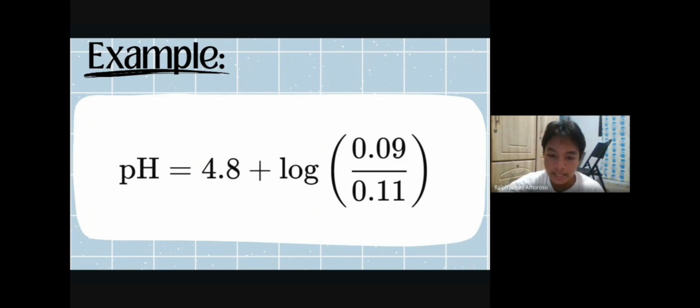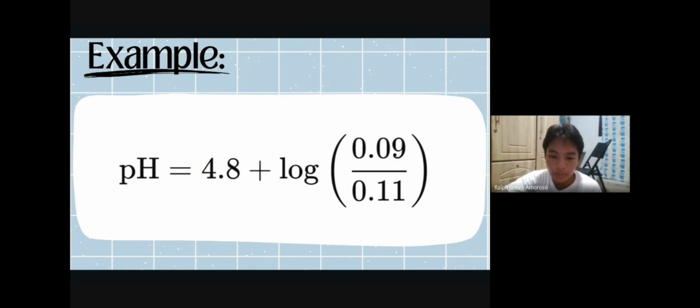So, when we add acid, the acetate ion in the buffer reacts with the extra hydrogen ions from our HCl, which is our acid. It will form more acetic acid, and which changes the balance kaunti lang.